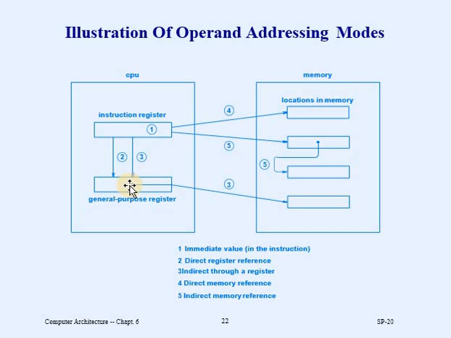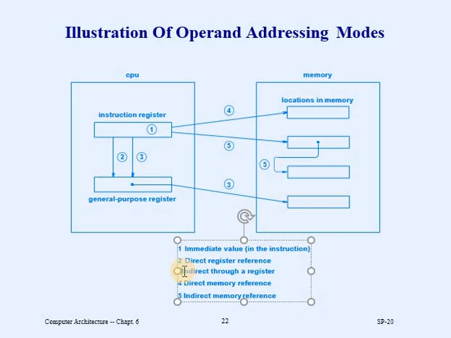So here again it is like a shortcut being placed in the general purpose registers, and this shortcut tells us from where we need to fetch the actual value, and that value resides in the memory. So this third one, indirect through a register, will be slower than the first two.